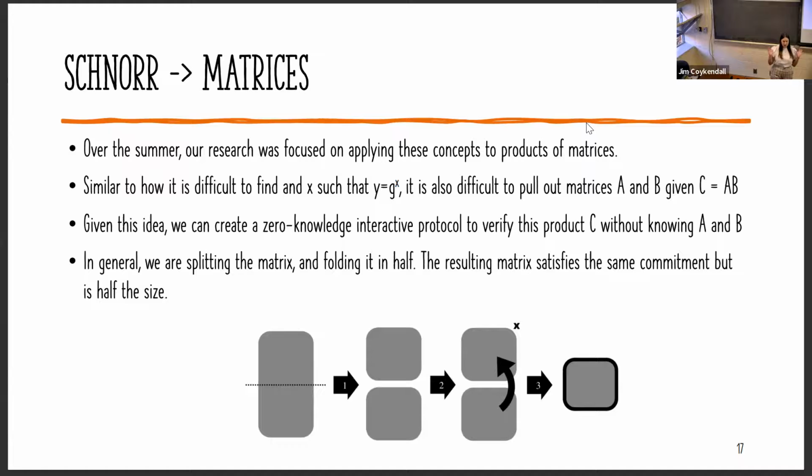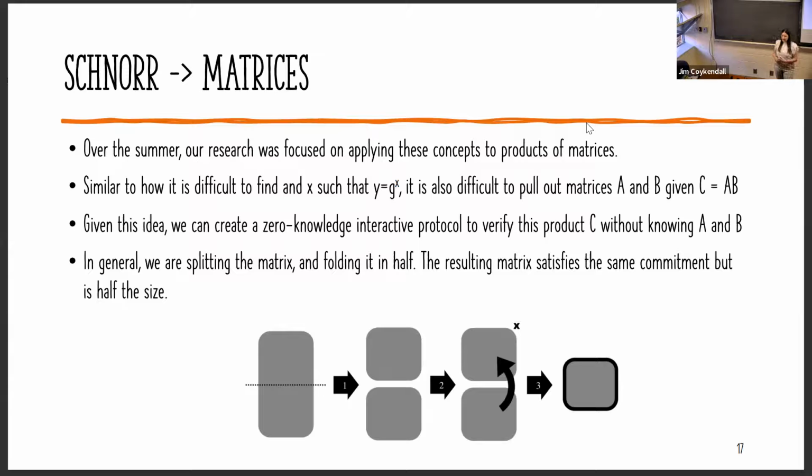If I sent you a matrix C, it would not be easy for you to figure out what two matrices I multiplied to get that resulting matrix. So with this idea, we can create a zero-knowledge interactive protocol to verify that the prover knows this product without the verifier being informed of A and B.